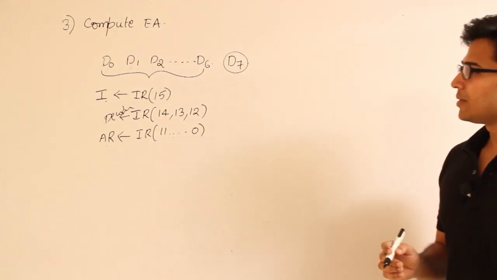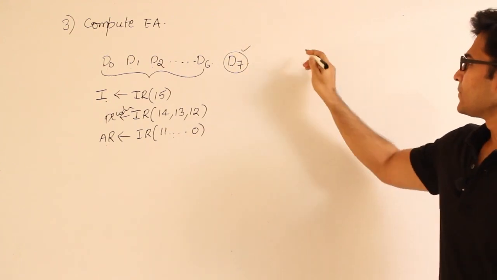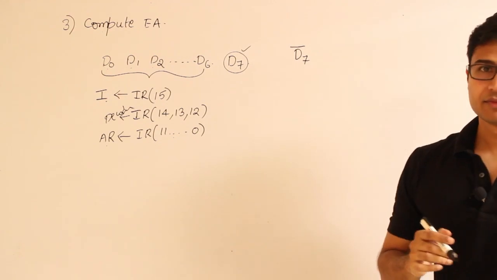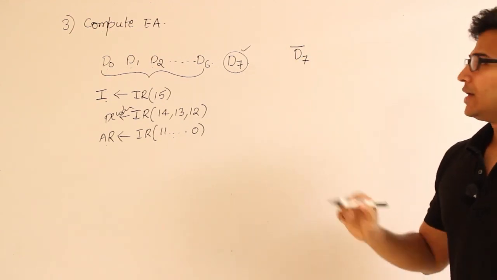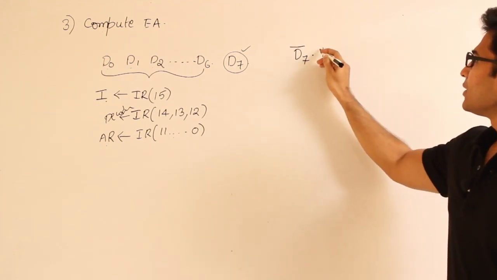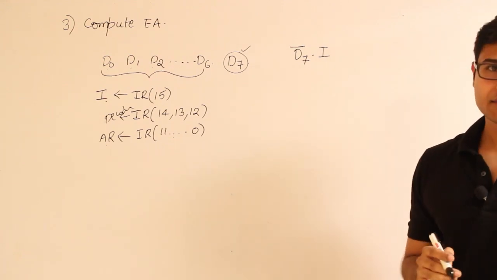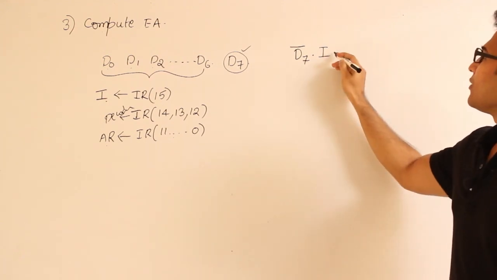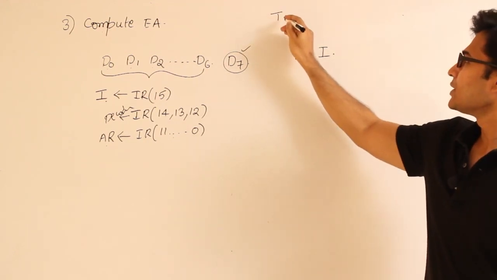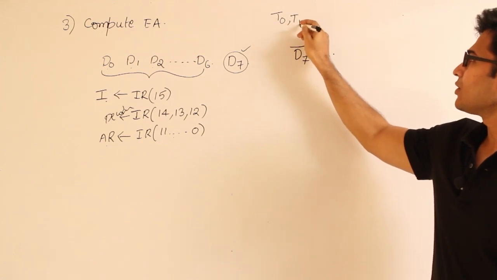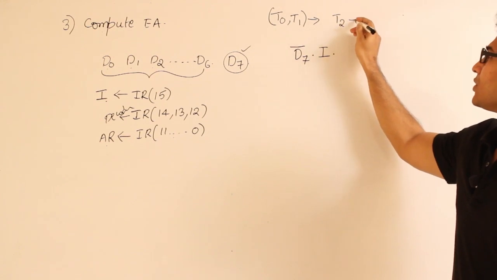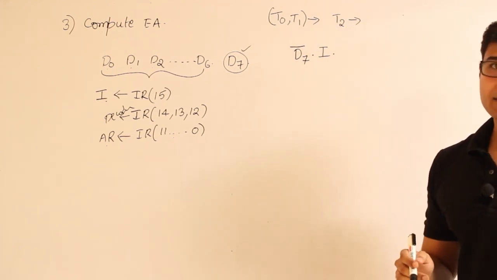Depending on D7, if D7 is 0, I can write D7 prime, and if I is 1, I can write I. And what about the clock cycle? T0 is over. If you remember, timing signals T0 and T1 are dedicated for fetching, right? And then T2 is dedicated for decoding. Now we are at T3, right?